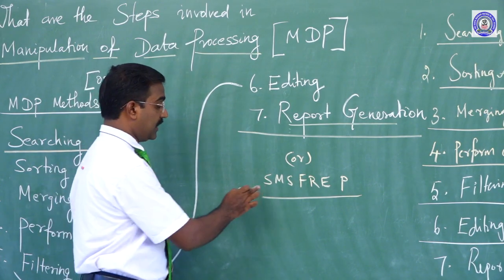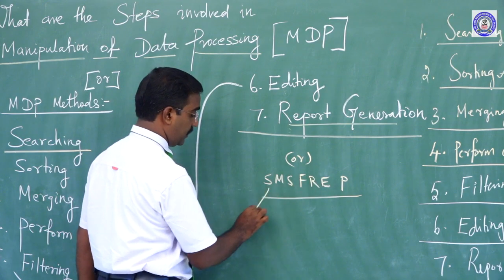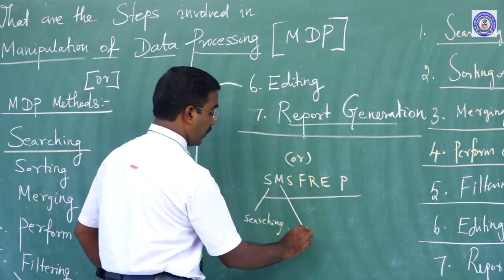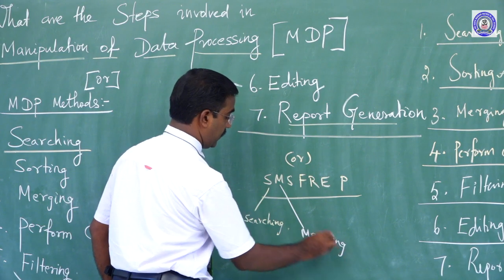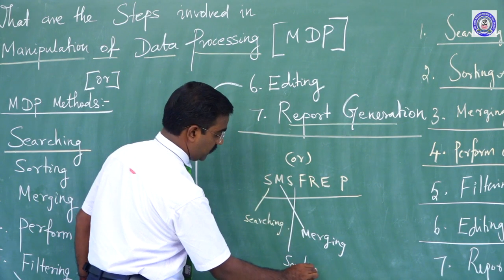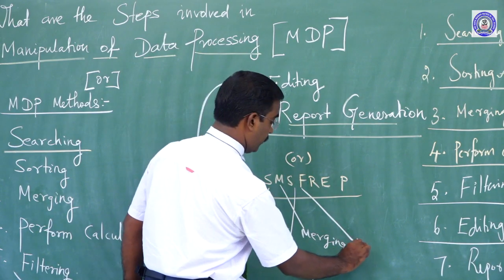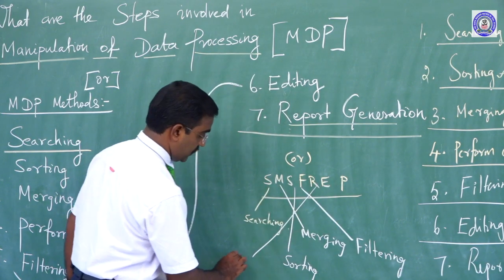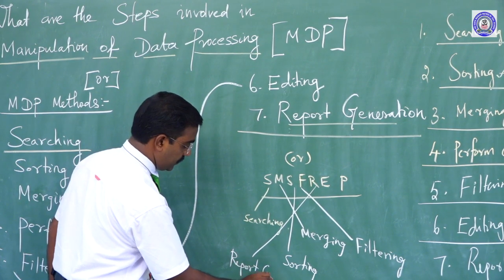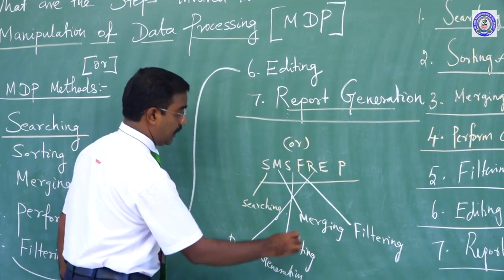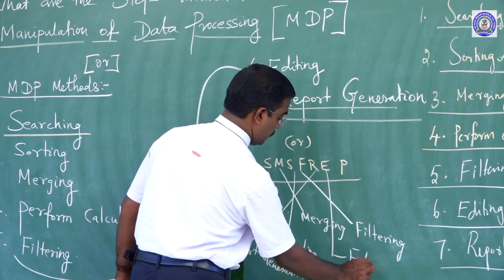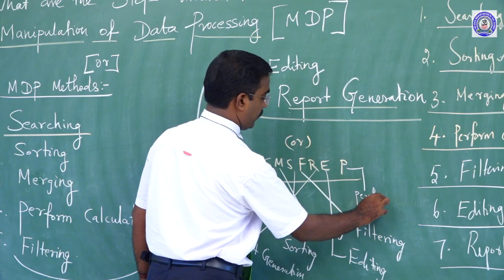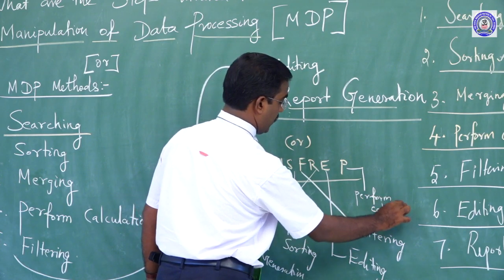Here S is searching, M is merging, S is sorting, F is filtering, R is report generation, E is editing, and P is perform calculation.